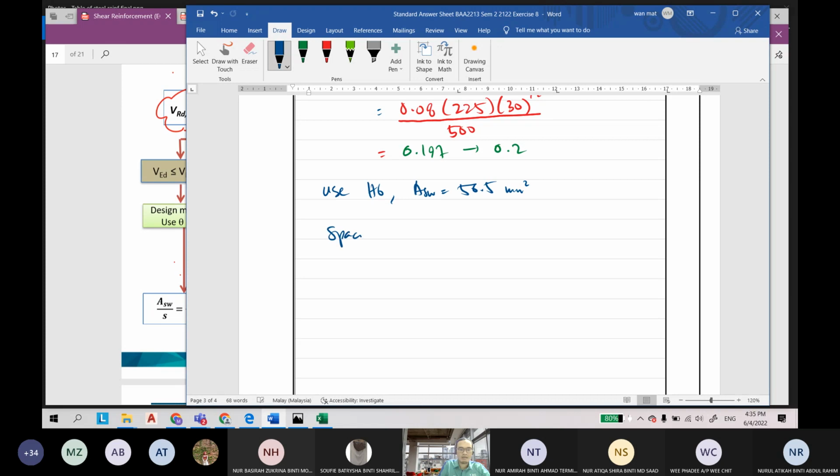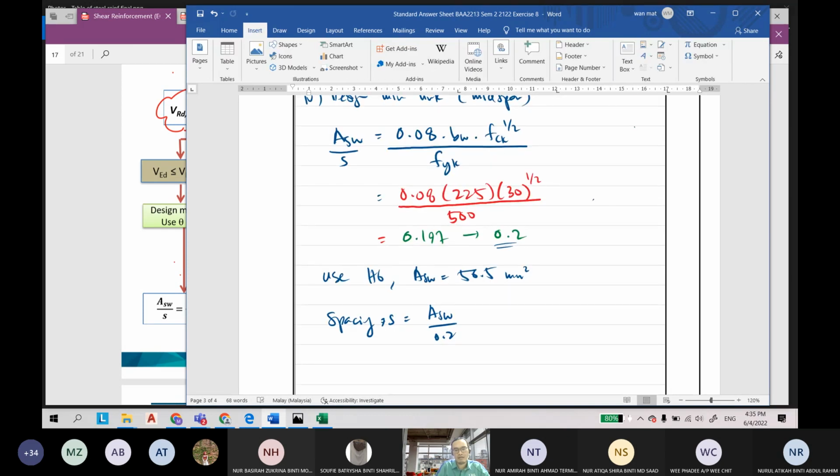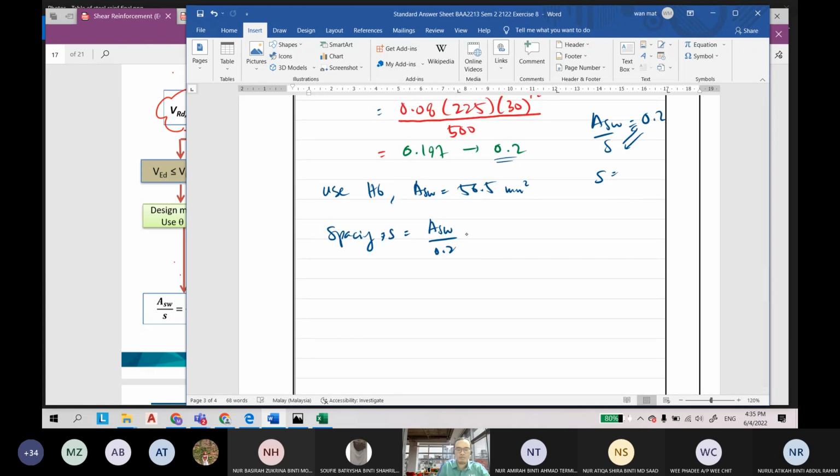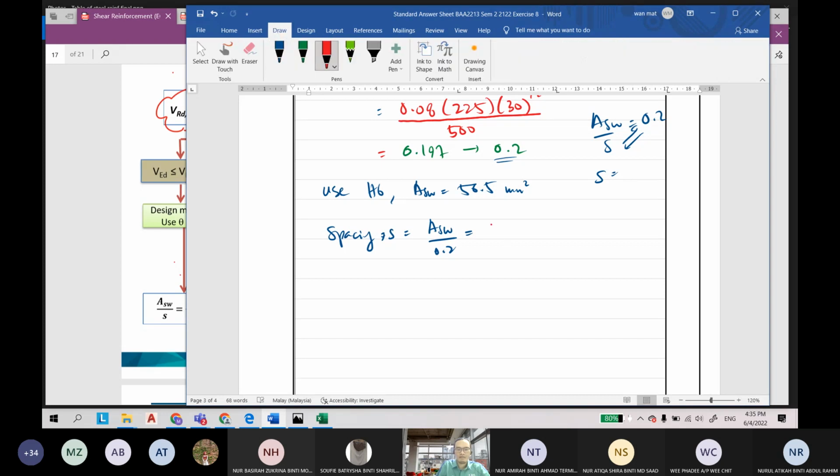So spacing S is equal to ASW over 0.2. This is the 0.2 we get from this equation: ASW over S is equal to 0.2. So S is equal to, we just change the position of S, 56.5 divided by 0.2.